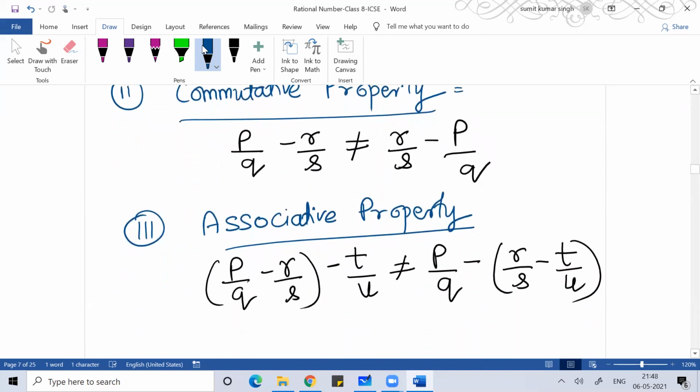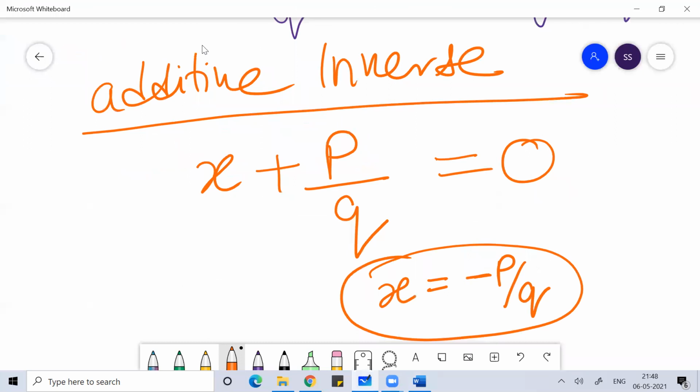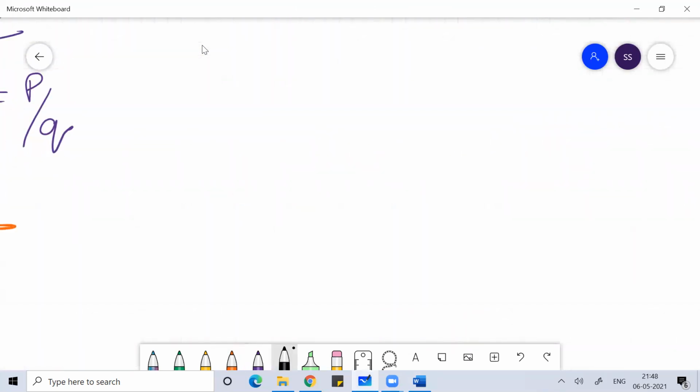But when we talk about commutative and associative properties, addition follows both when adding different rational numbers together, but subtraction of rational numbers does not follow them. I hope you have understood what needs to be understood from this theoretical concept.